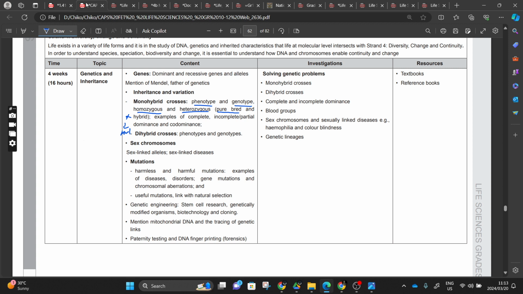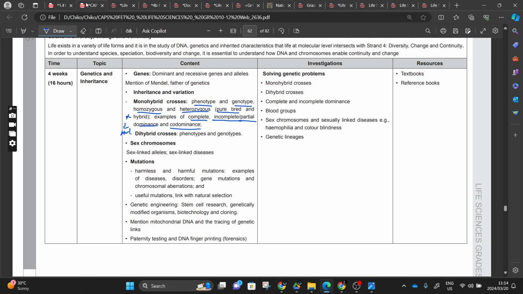Then there are the examples of complete dominance, incomplete or partial dominance, and co-dominance. These are three types of dominance, and today we'll be focusing on this. At the end of this lesson, you should be able to differentiate between complete dominance, incomplete dominance, and co-dominance.